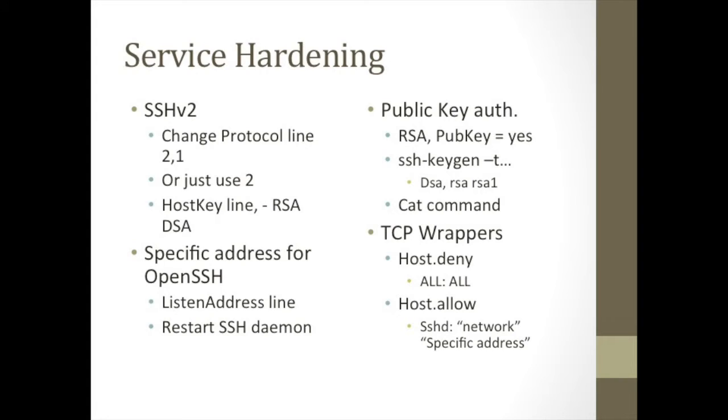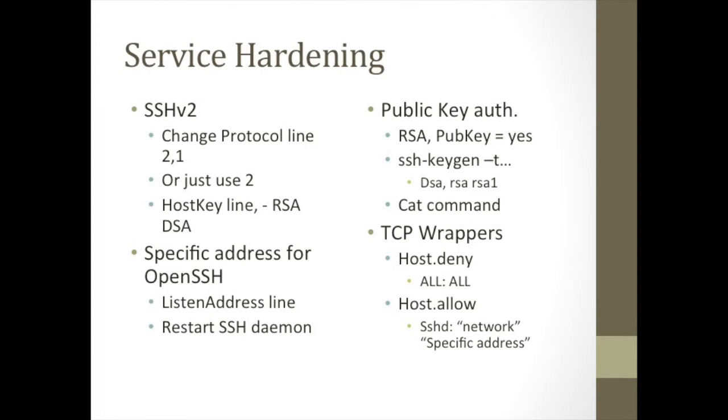It might be configured to be listening to 0.0.0.0, and you'll need to change it to your IP address or the IP address you wish to use. Once it's changed, you restart the SSH daemon, and from there it'll only listen to the SSH requests that are from your IP address. The other ones will be disregarded.